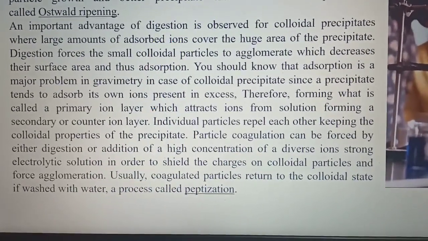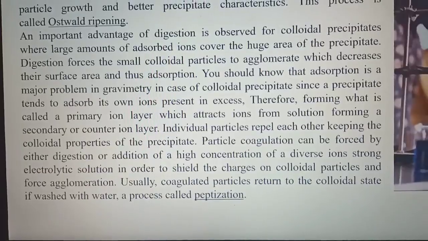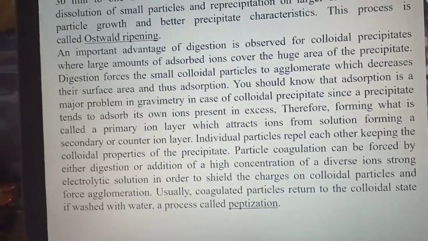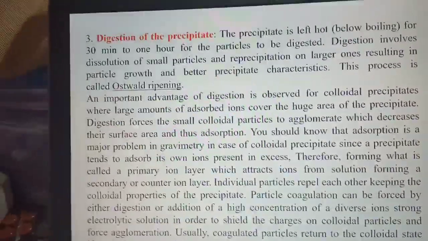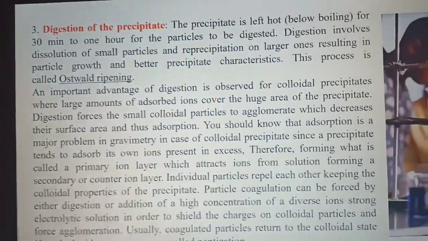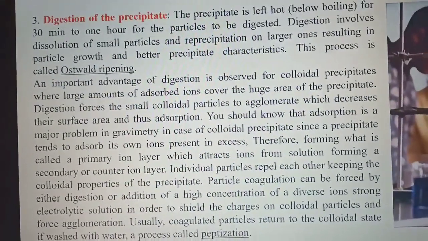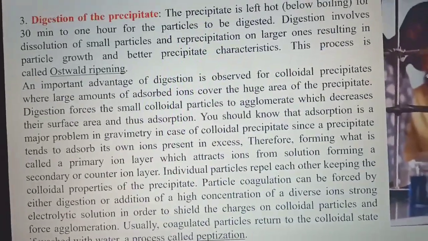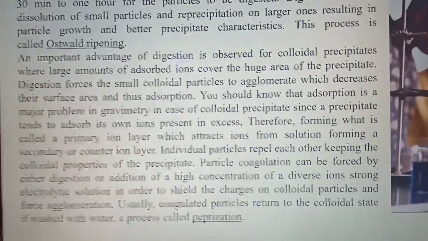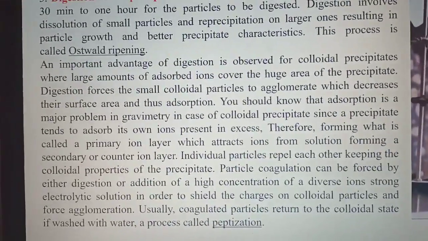So one should observe how the crystal growth takes place during the process of digestion, and this digestion requires an optimum pH of the entire solution as well as the temperature condition to be maintained.